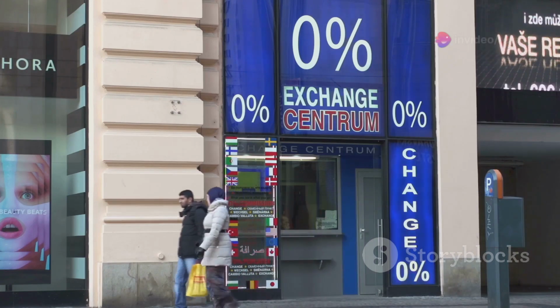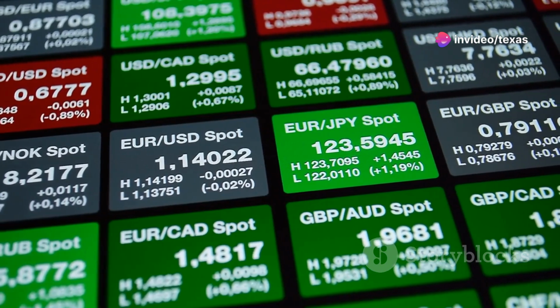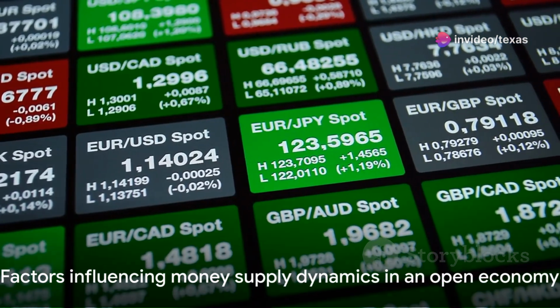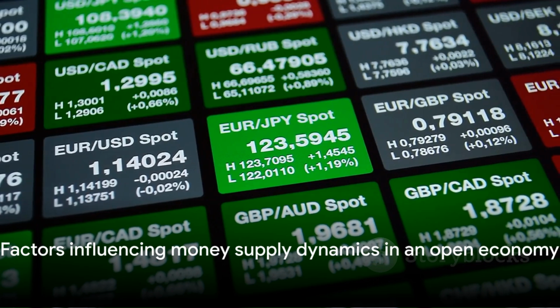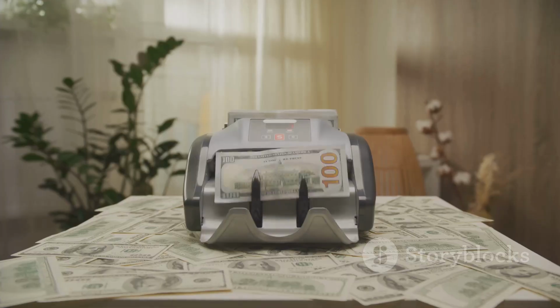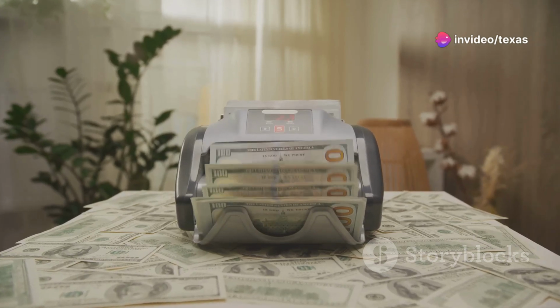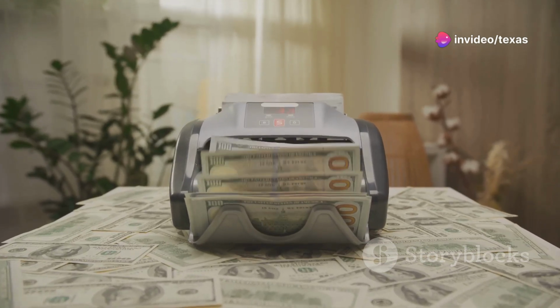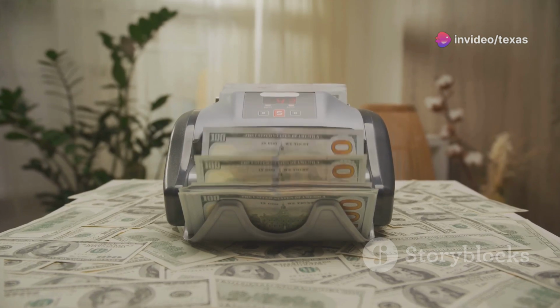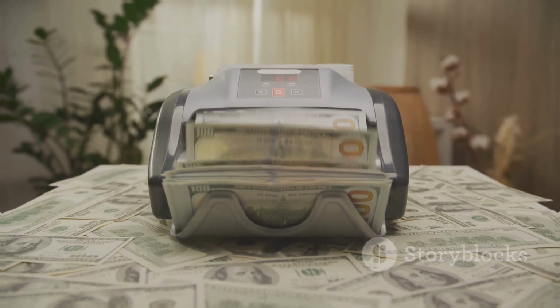In that case, there will be an influx of foreign currency, which can increase the domestic money supply when exchanged. So, as you can see, several factors can cause changes in the money supply in an open economy: from commercial banks to central banks, government deficit financing to quantitative easing, and changes in the balance of payments. These factors collectively contribute to the dynamic nature of an economy's money supply.